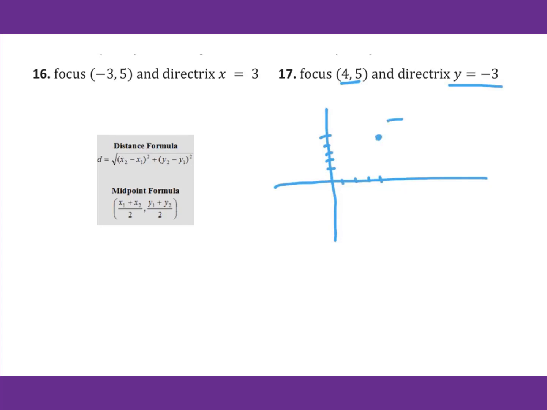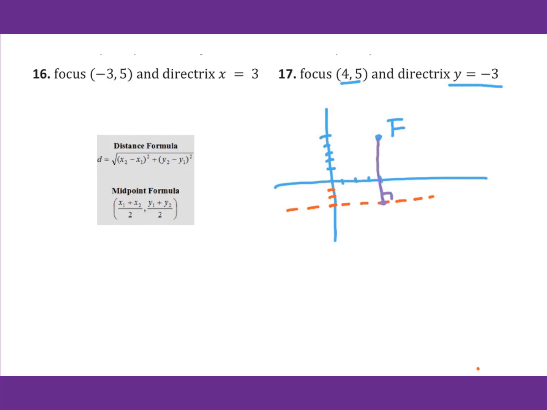It's here, that's the focus. Directrix will be y equals negative 3. It's here. Point will be vertex. Therefore, you will get the point for this directrix.